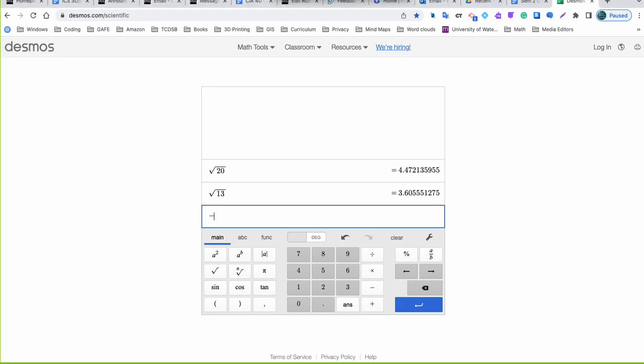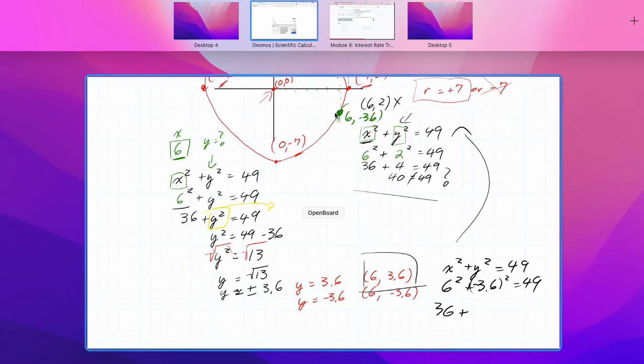What is negative 3.6 squared? Oh, it's because it's not in brackets. There you go. It becomes positive 12.96.